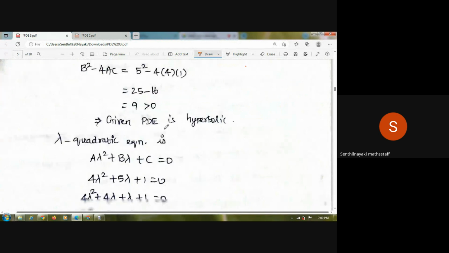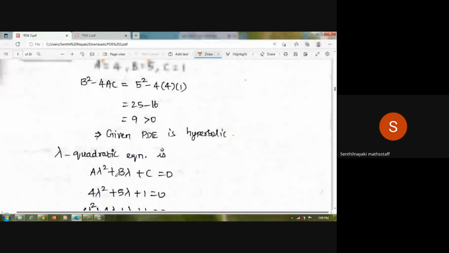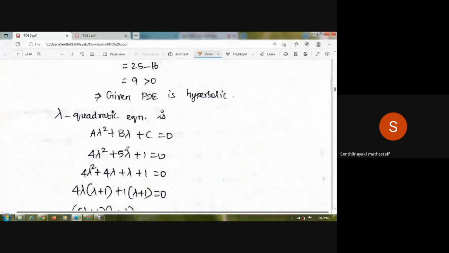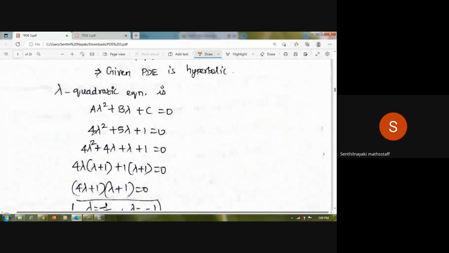So the quadratic equation in lambda becomes a lambda square plus b lambda plus c equal to 0. Then a value is 4, therefore 4 lambda square, b value is 5, plus 5 lambda, c value is 1, then plus 1. So 4 lambda square plus 5 lambda plus 1 equal to 0. Solve this equation by multiplying these two. So 4 into 1 is 4.